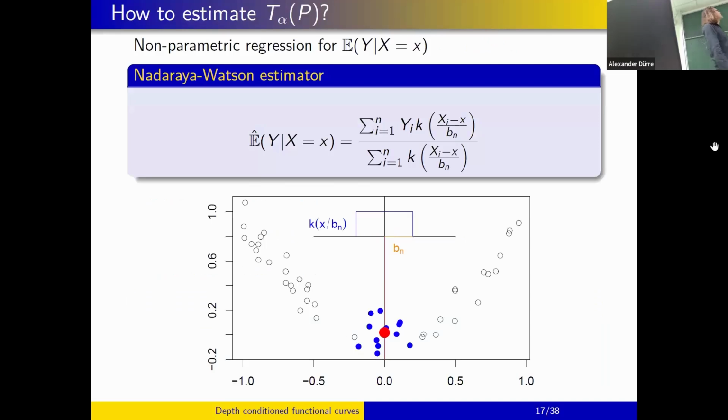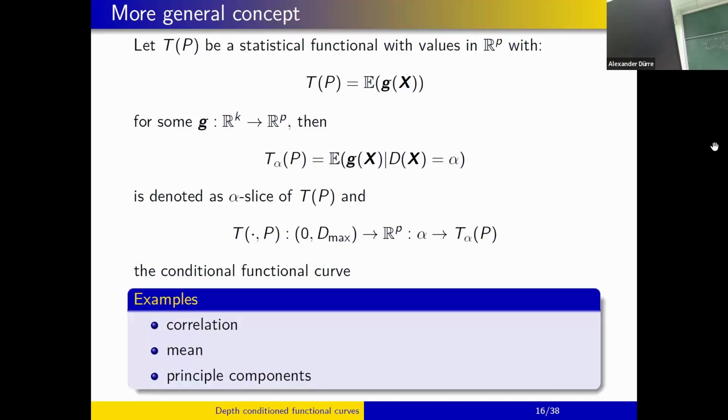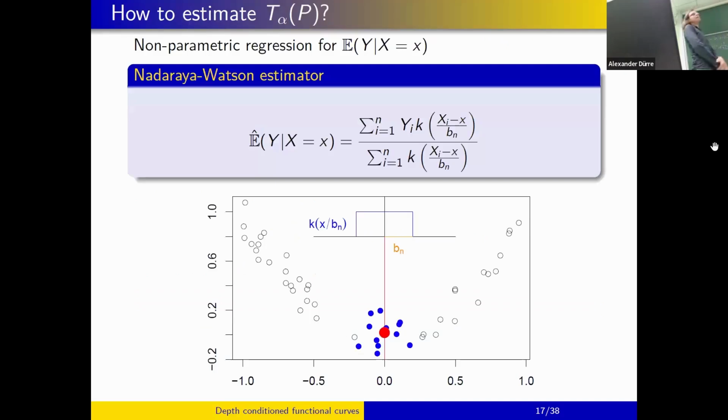So then the question is, how do you estimate these conditional expectations? And this you probably know. You can, for example, do it with the Nadaraya-Watson estimator. If you want to estimate conditional expectations, what you do is basically visualized here. You use the weighted average instead of the conditional expectation.